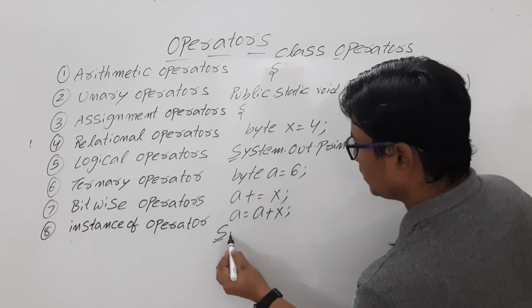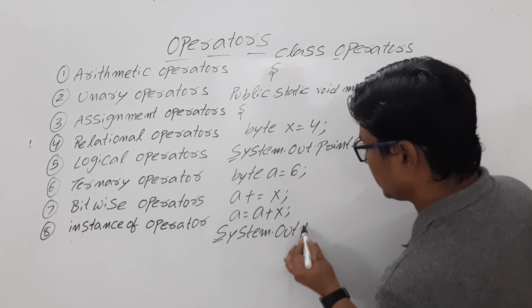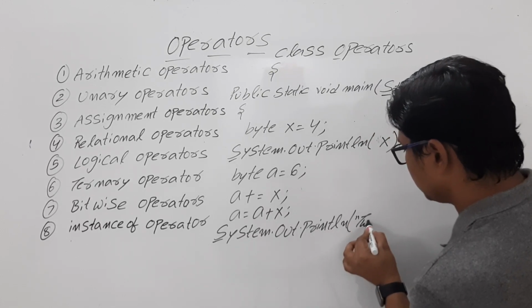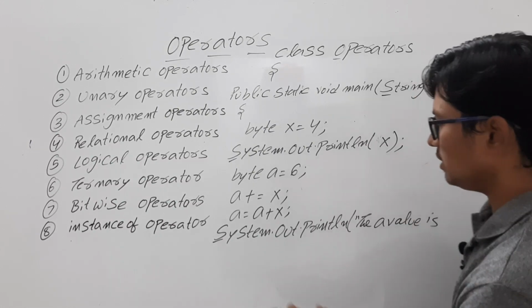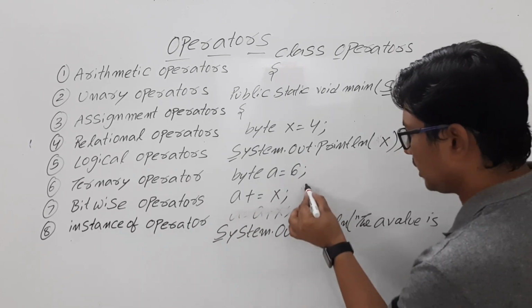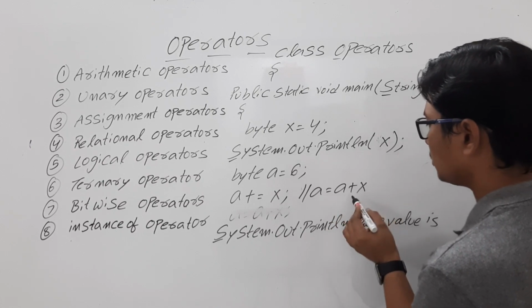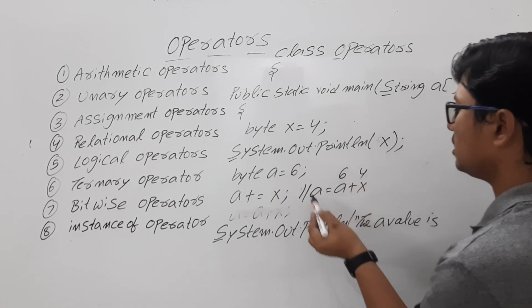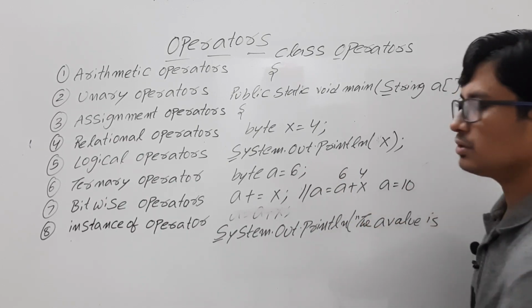And if you are printing the a value, System.out.println, the a value is... You don't need to calculate this yourself; it will be evaluated automatically. This is nothing but a is equal to a plus x. The x value is 4 and the a value is 6. So 6 plus 4 will be 10. That value will be assigned to the variable a.